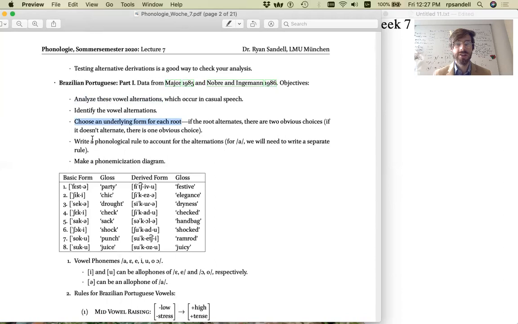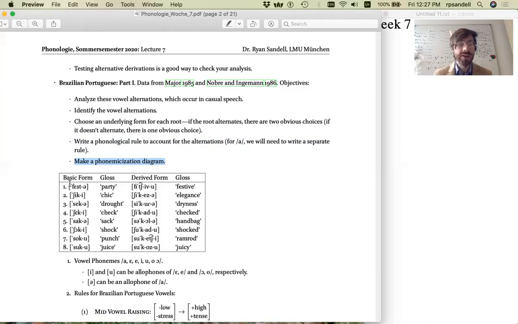And I think in all cases, we'll just see two different allomorphs of each root. And we'll try to write some phonological rules that can work for those allomorphs. And it turns out that in this case, I think it's appropriate to talk of these rules as allophonic rules. So we'll write up some phonemicization diagrams as well.